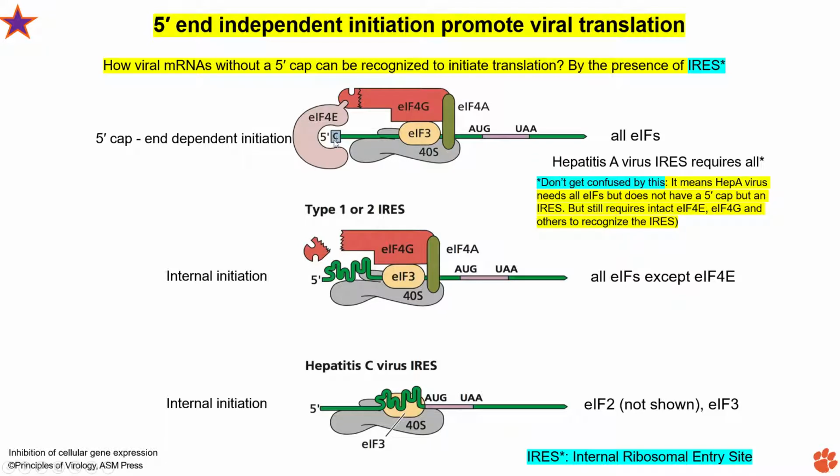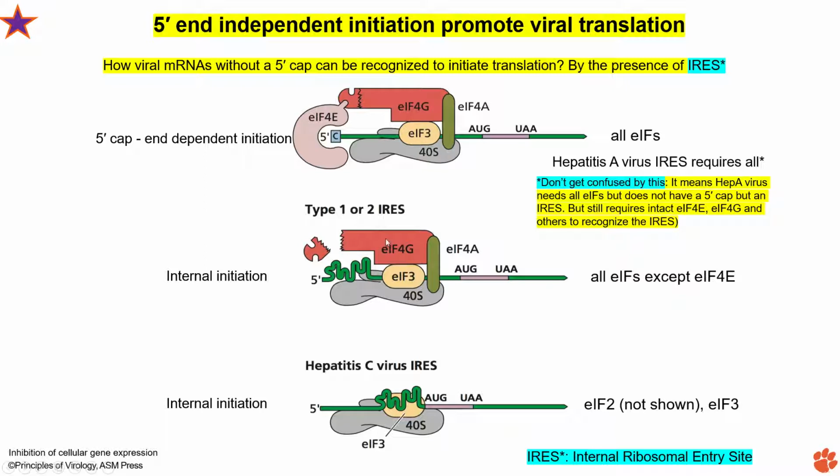Remember that this is a typical cellular mRNA, or viral mRNA, with a cap, and in this case you need this eIF4E to recognize the cap. But here, hepatitis A virus does not have the cap, but still requires eIF4E and the intact eIF4G to recognize its IRES. That's what it means.